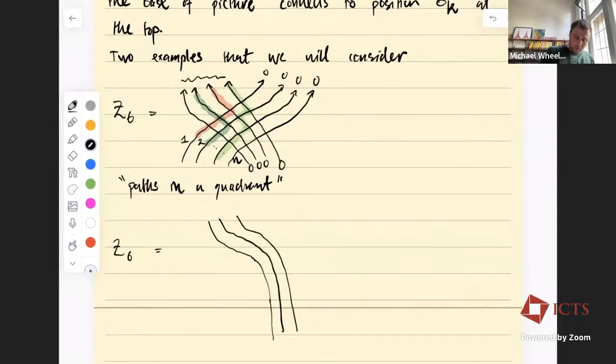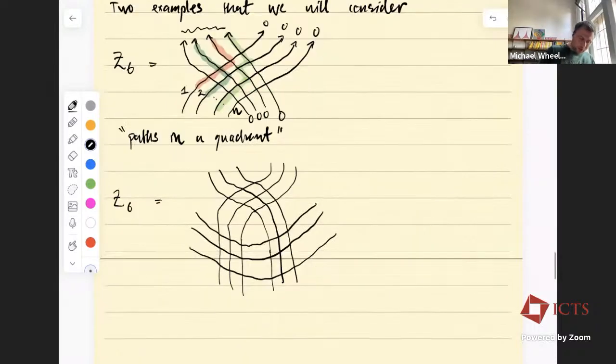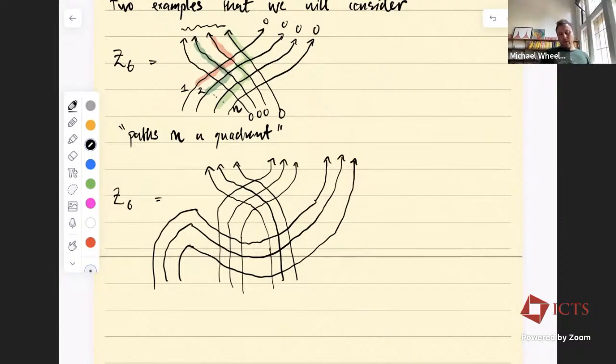So it's like a grown-up version of the Yang-Baxter equation. So there are many Yang-Baxter equations happening here. Okay, and maybe I should complete this, so make these lines go down eventually, and make these ones go up. Okay, so this will be another type of object that we consider.